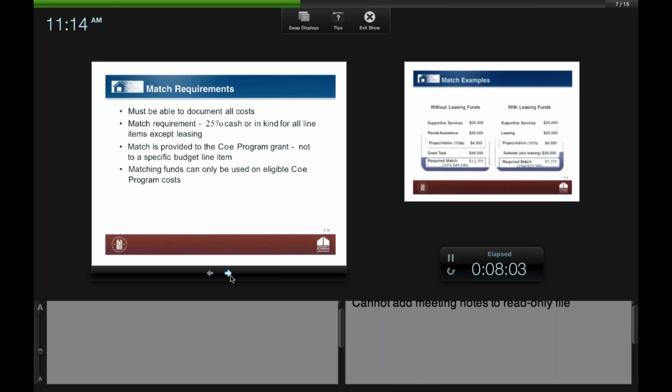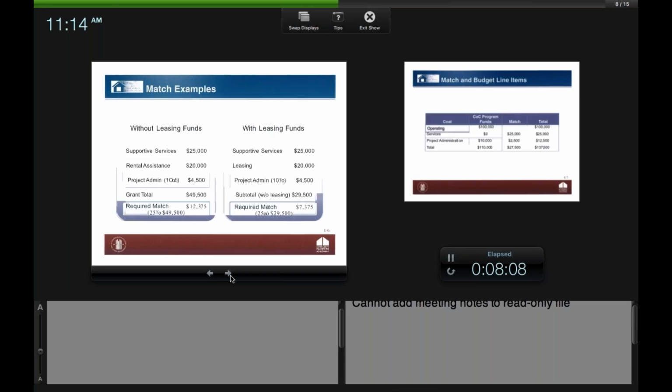As an example of matching, we'll give you two scenarios. The first scenario is an award of $49,500. The respective budget line items include supportive services, rental assistance, and admin, which is by statute limited to 10%, but many of our COCs have limited it to 7%.